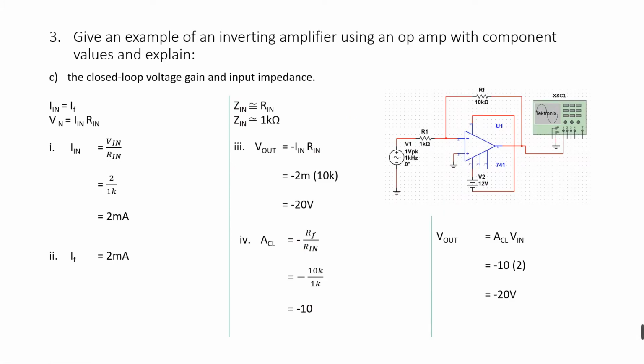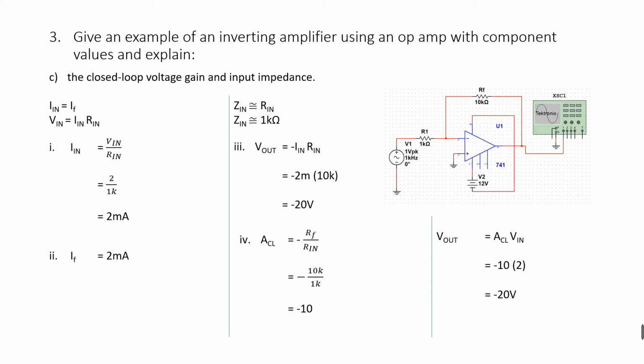So from the experiment that I did, here's some theoretical calculation. So IN is equals to IF. So using the Ohm's law, V equals to IR. So we finding the IN. So I in is V in over R in. So in this case is 2 divided by 1 kilo.